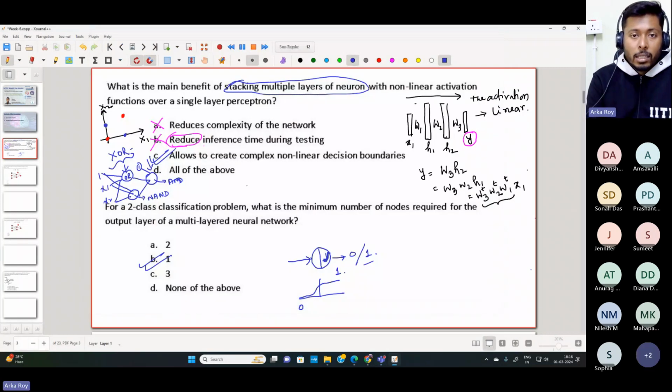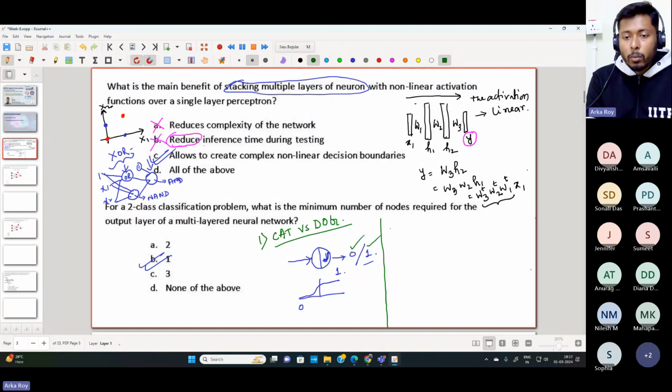Yeah. So for example, if the problem is like this. Let's say this is case 1. In this case, you have cat versus dog classification. So this is two-class classification. Using a sigmoid function, you can generate either 0 or 1. So let us consider cat class is 0 and dog class is 1.